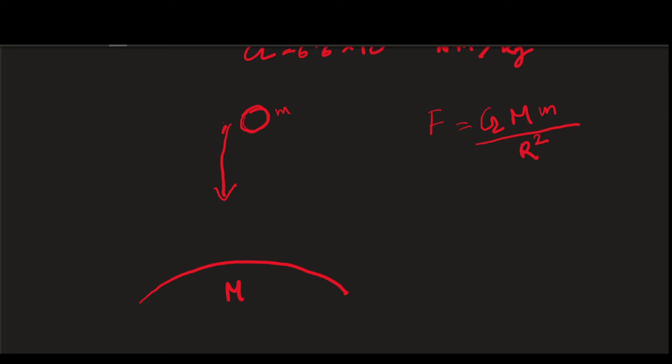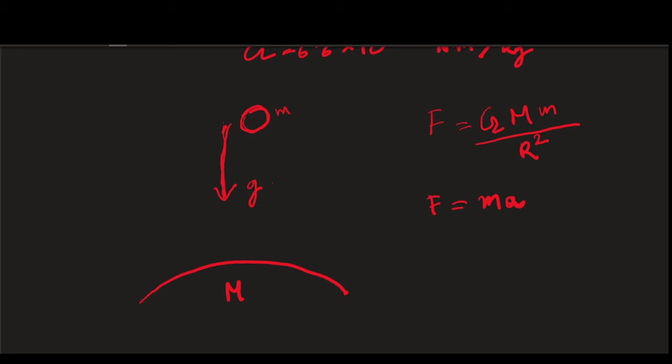Again, from the second law of motion, we know that any accelerated object experiences a force that is equal to the product of the mass of the object and the acceleration of the object, F equals m a. Now, in the case of the apple, it is falling on the surface of the earth with an acceleration, let it be small g.